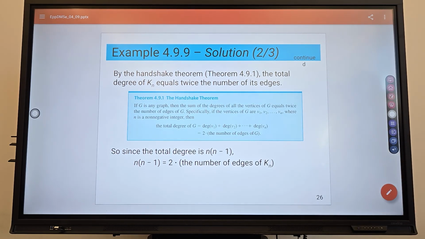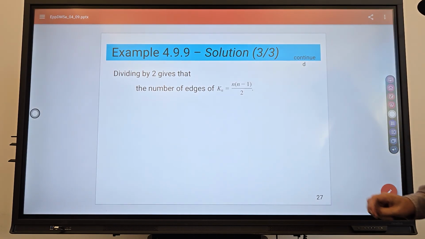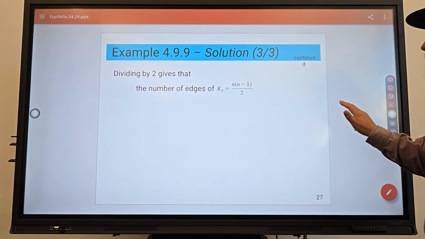By the handshake theorem, the total degree of K sub n equals twice the number of its edges. So n times n minus 1 equals 2 times the number of edges of K sub n. So dividing by 2 gives the number of edges of K sub n as n times n minus 1 over 2.